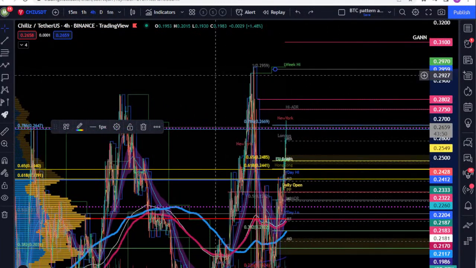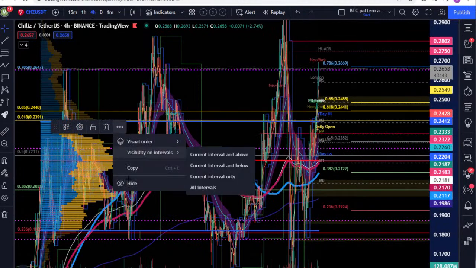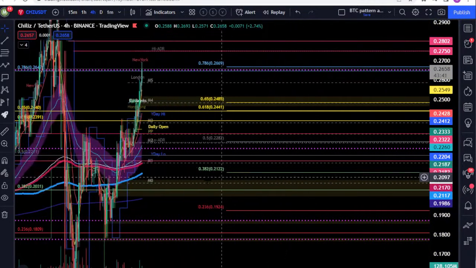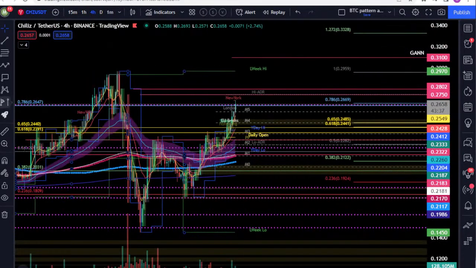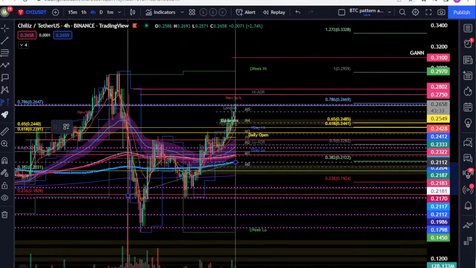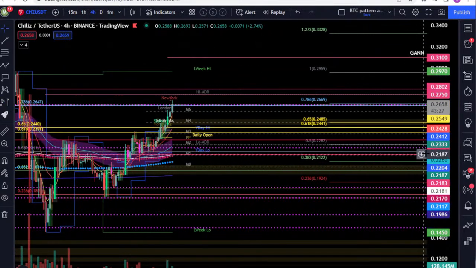So that's for Chiliz. We are above the value area high for this range, but of course you could take another range because you formed a new range over here. For example, you were here and you wanted to measure the range, you take it from here to there, and your value area high was here, and you exceeded it. So you're above the value area high.